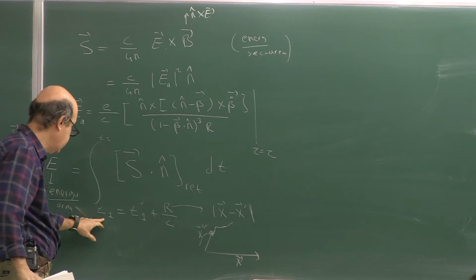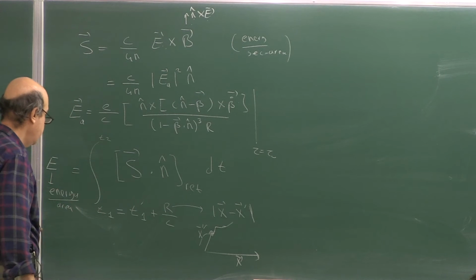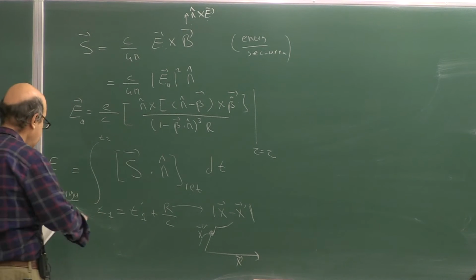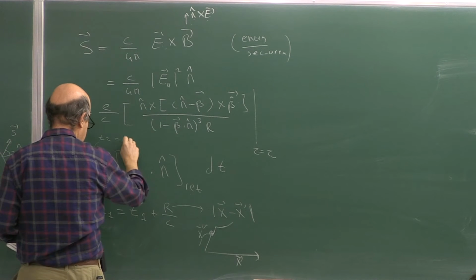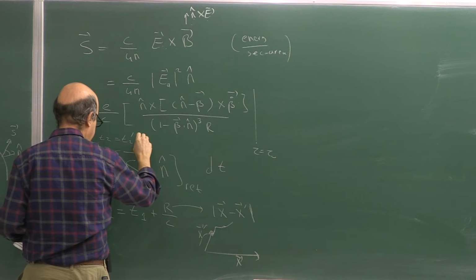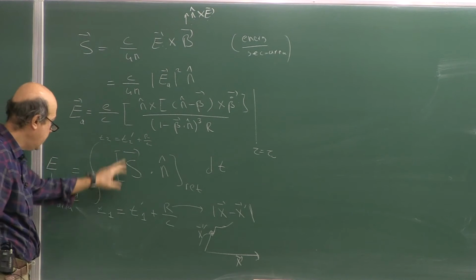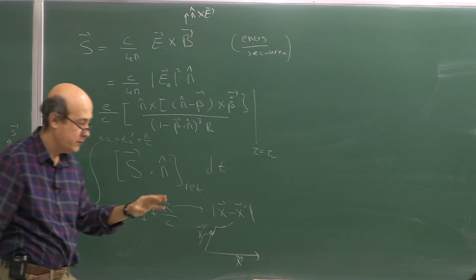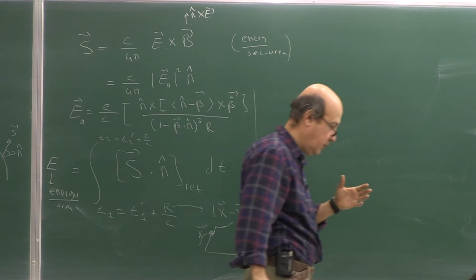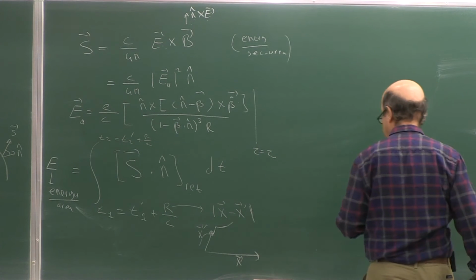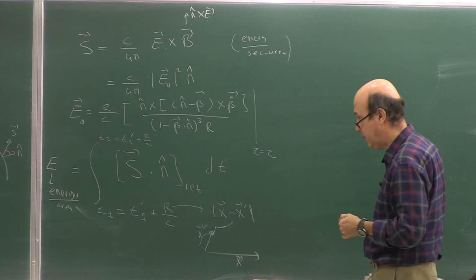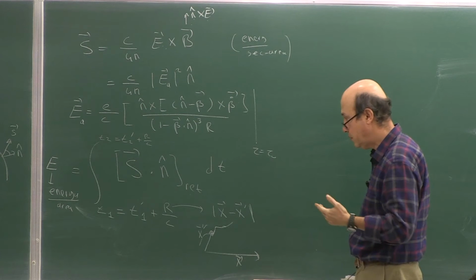So these are the times we observe the radiation, and similarly T2 could be written as T2′ plus R over c. T primes represent the times at which the radiation is emitted, and the T's represent the times we observe the radiation.